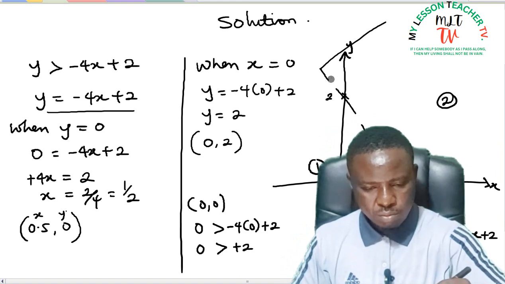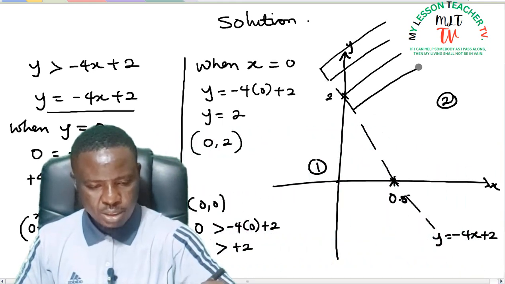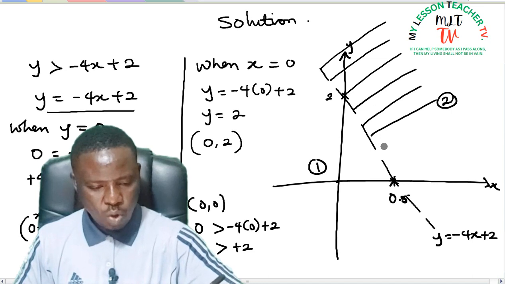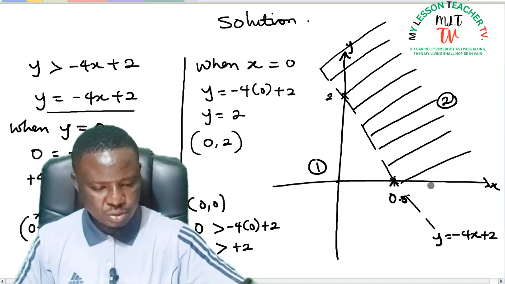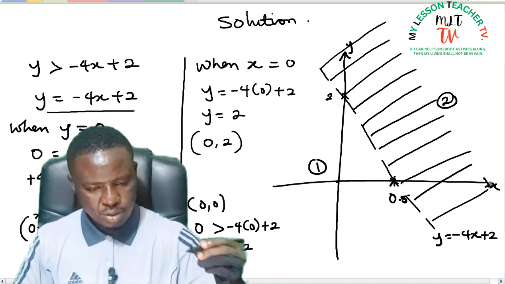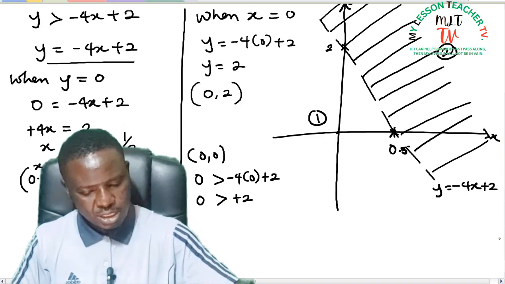So this region is the required region. So this is how you shade it.